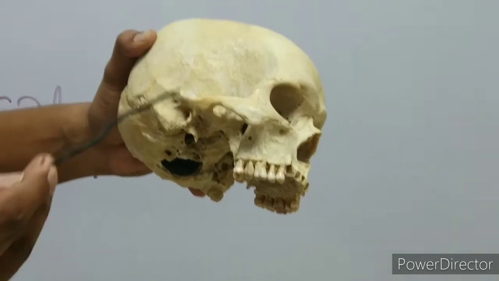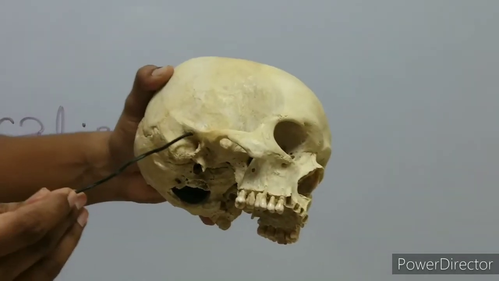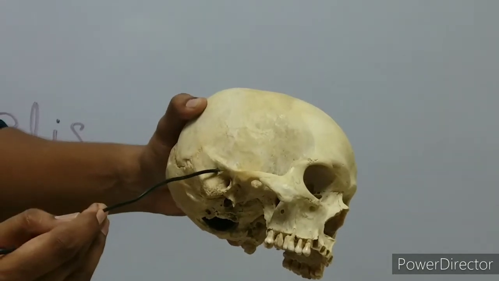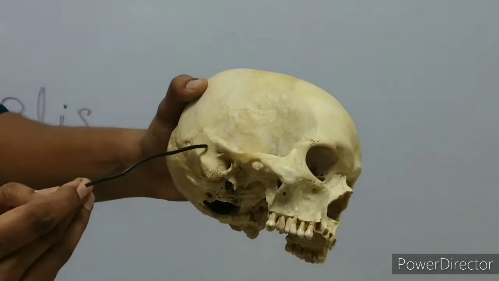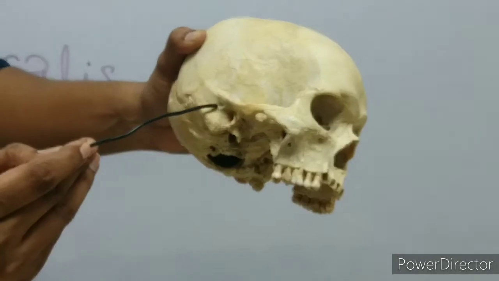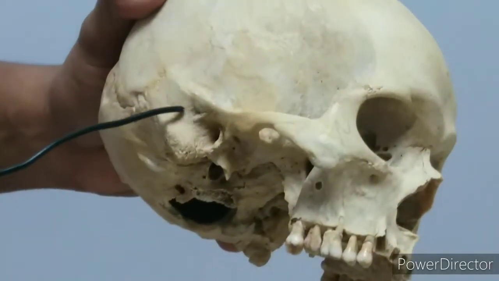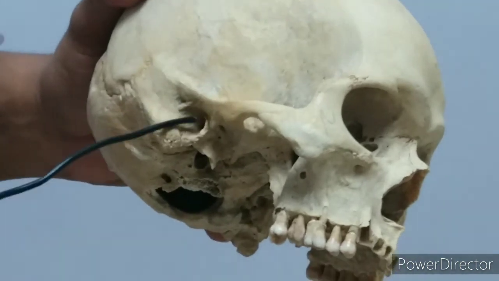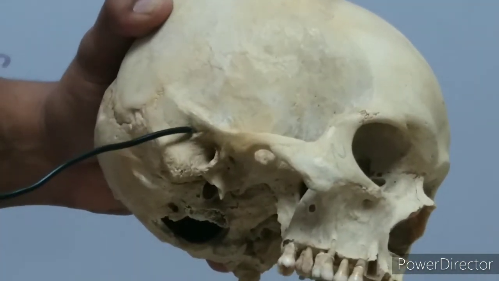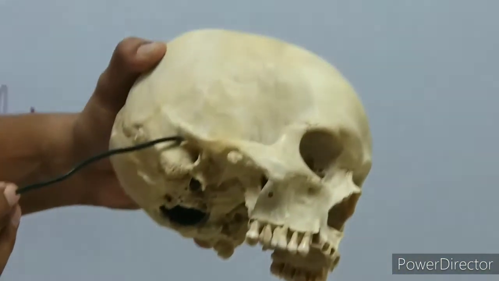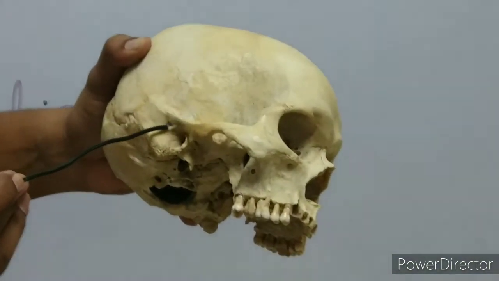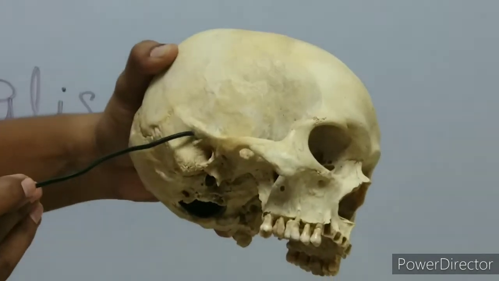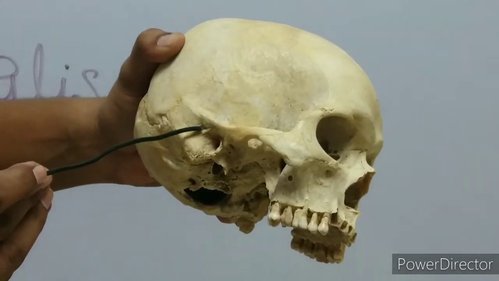Now there is one triangle that is called the suprameatal triangle. So this area, or you can say the triangle of Macewen, is a small depression postero-superior to the meatus. Okay, what are the boundaries of the suprameatal triangle? Okay, so we will see what the boundaries are.